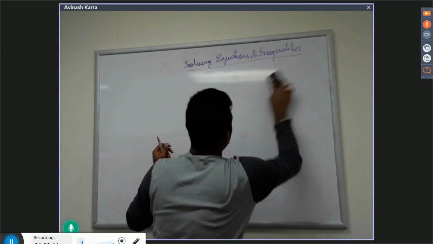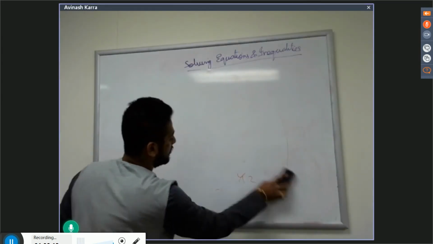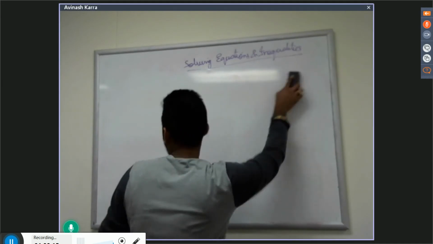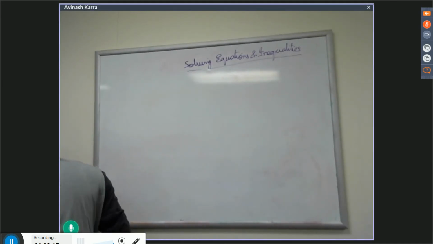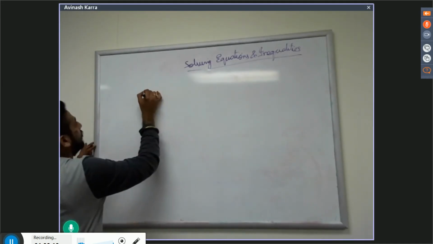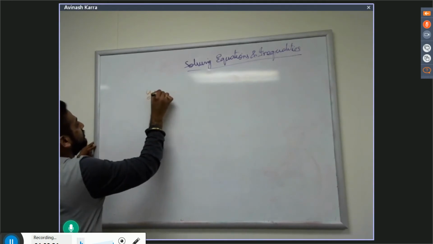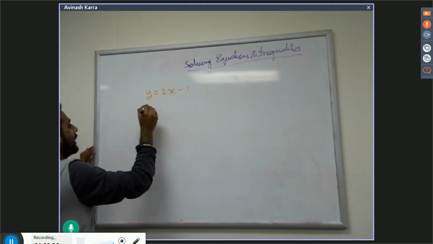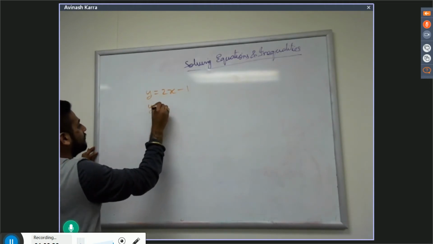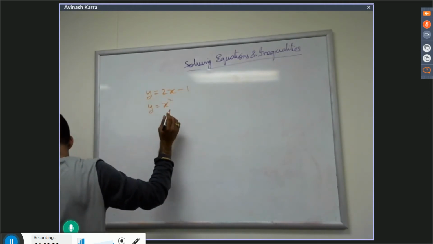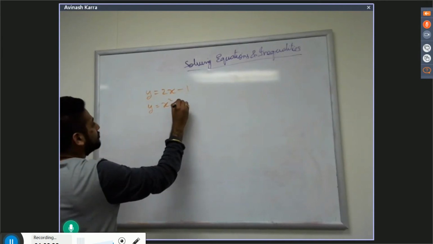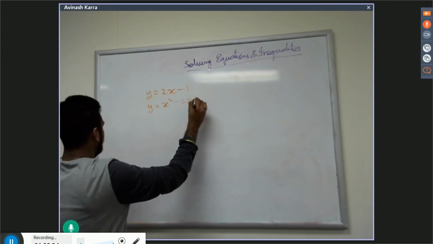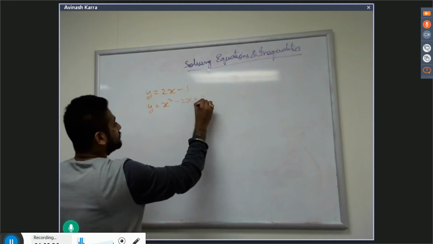So now, next coming to one more. y is equal to 2x minus 1 and y is equal to x squared minus 2x plus 2.